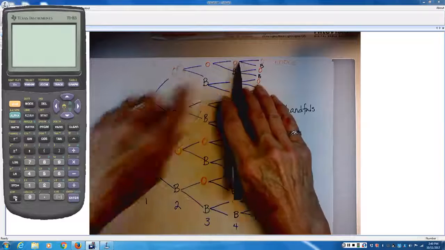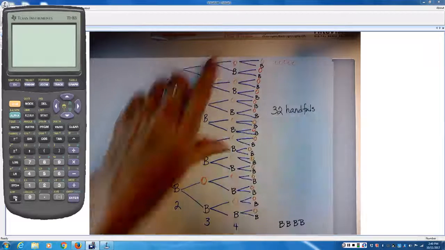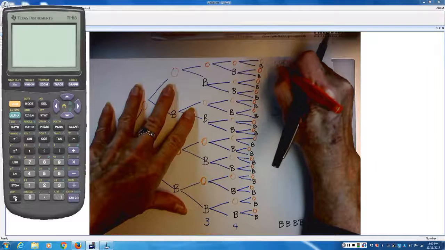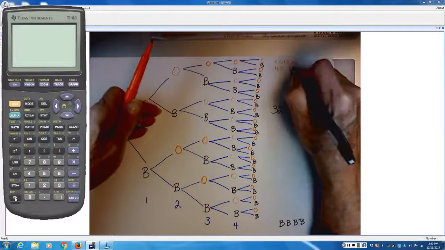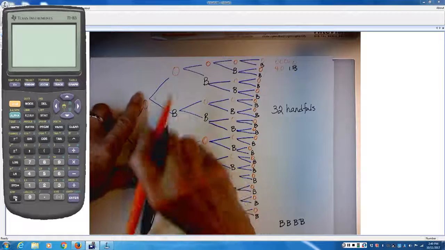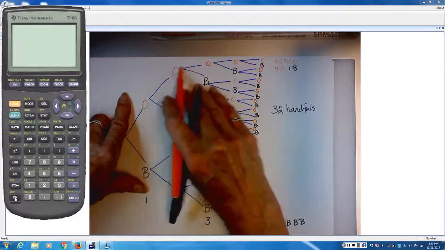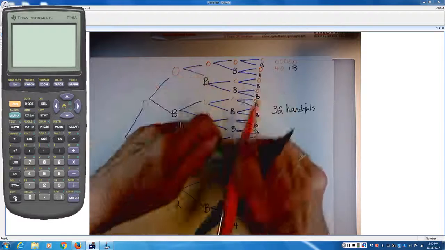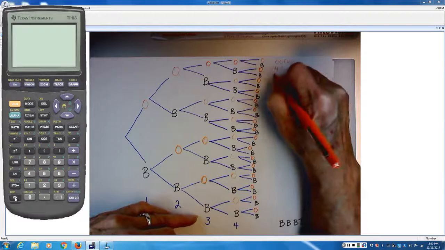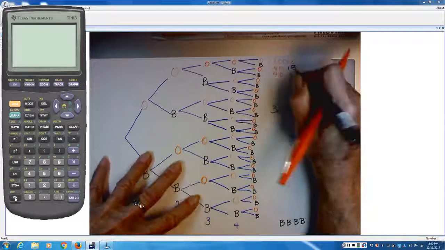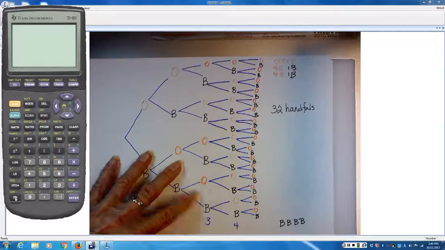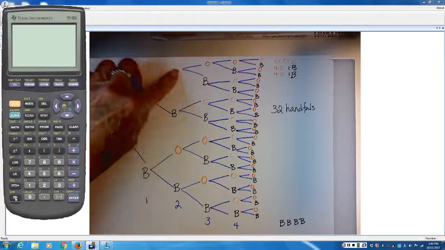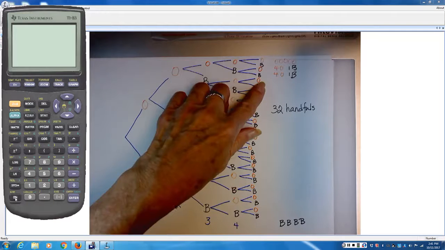This would be 4 orange and 1 brown. This one would be 1, 2, 3 orange, a brown one, and then an orange. So that's still 4 orange and 1 brown. This one would be orange, orange, brown, orange, orange.